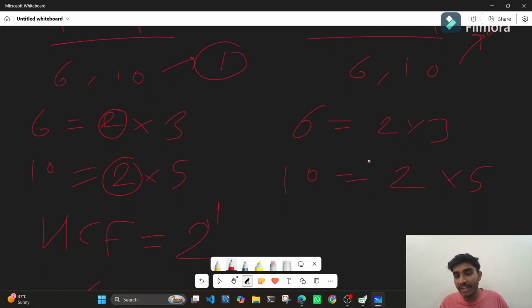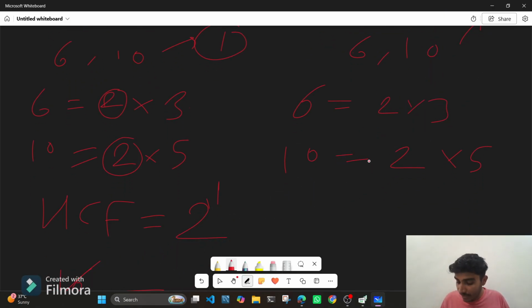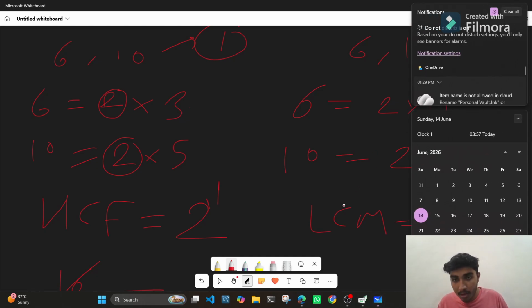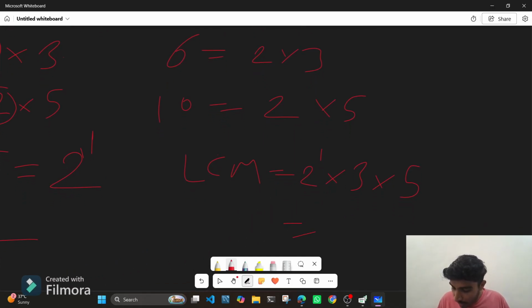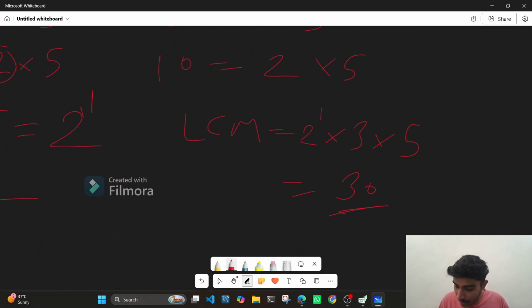If you have common factors, then we take the maximum power of the common factor, and the other prime factors as well. So here LCM is equal to 2 to the power 1, because that is the only common factor we have, into 3 into 5. If we multiply it, we get 30 as the answer. As you can see, 30 is less than 60. So 30 is the LCM.